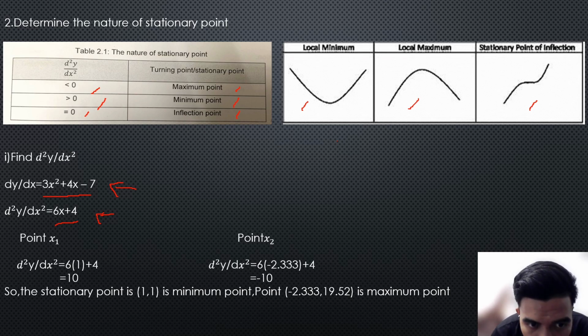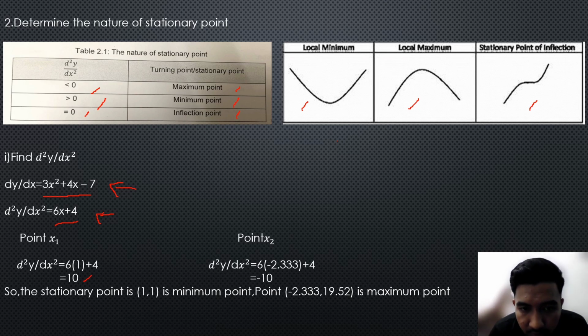So here, 6 multiplied by 1 plus 4, we get 10. And here we replace x with the value we get after we factorize the equation, we get 6 multiplied by negative 2.33 plus 4, and we get the answer negative 10.